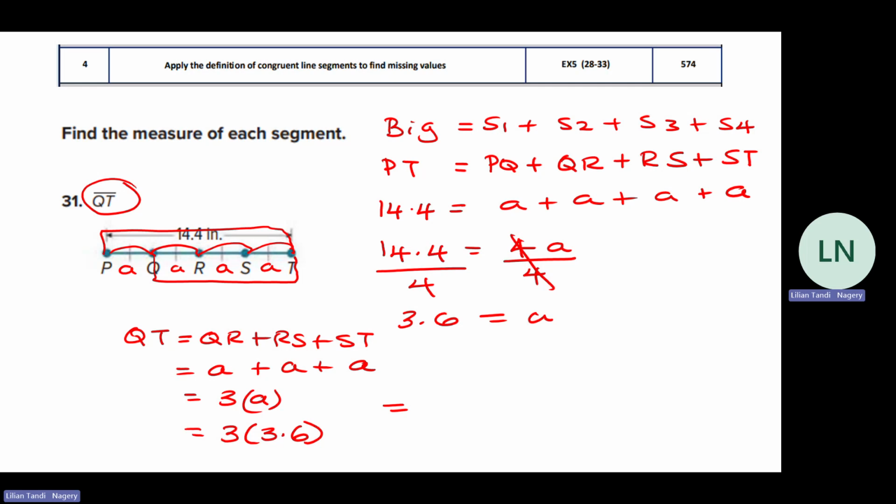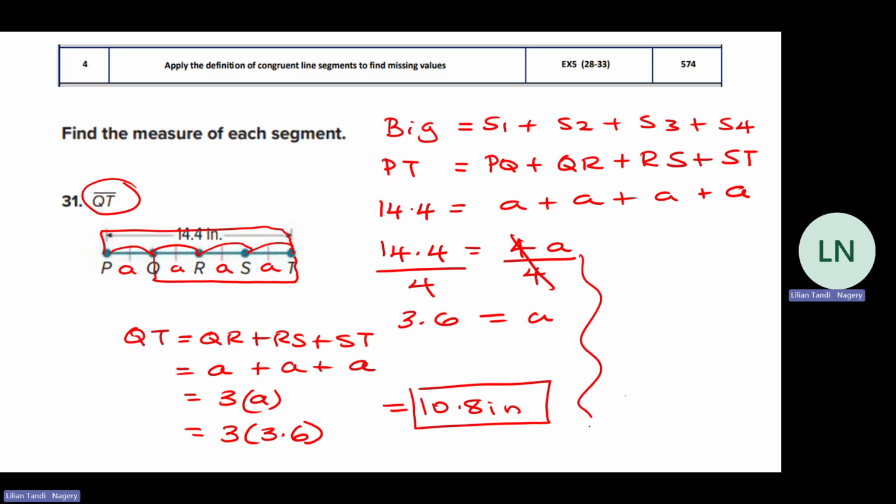Times 3. That will be 10 and 8/10. So 10 and 8/10 inches. So that is one way I could have thought about it. Or because I already know the big one, I can just remove PQ.